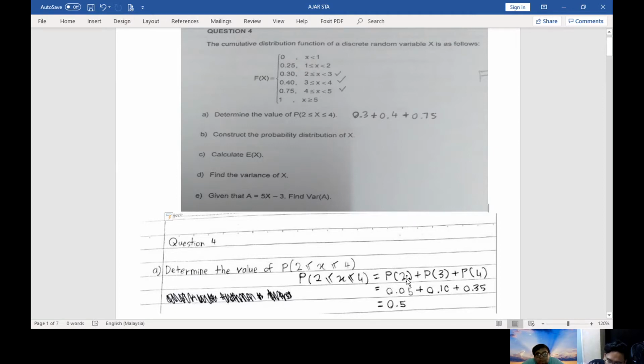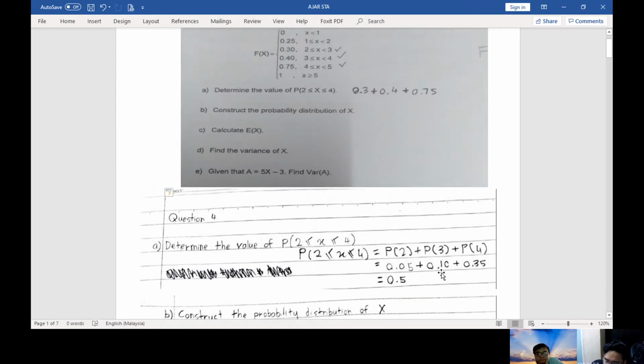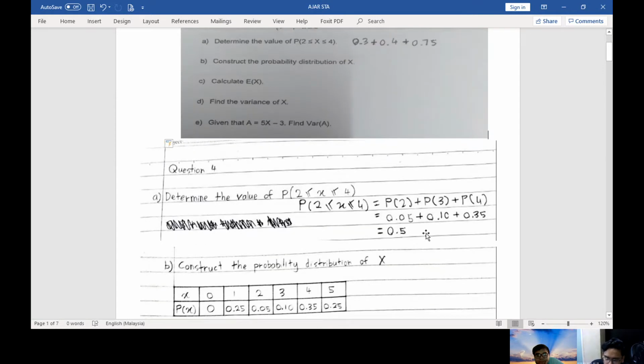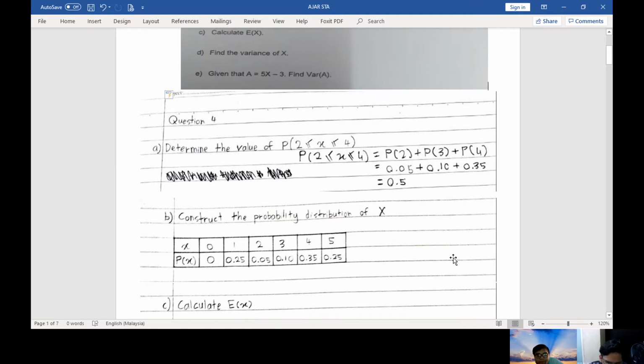So you will get P2 is 0.05. Repeat the equation for the others to find P3 and P4. Here P3 is 0.1 and P4 is 0.35. You sum it all and you will get 0.5. So this is for A.